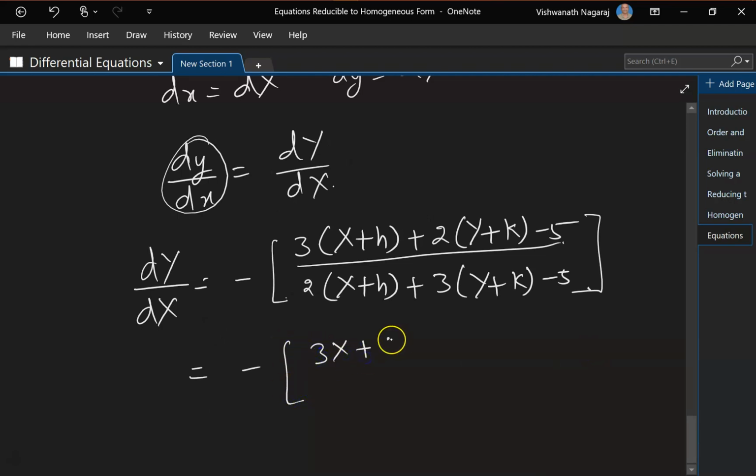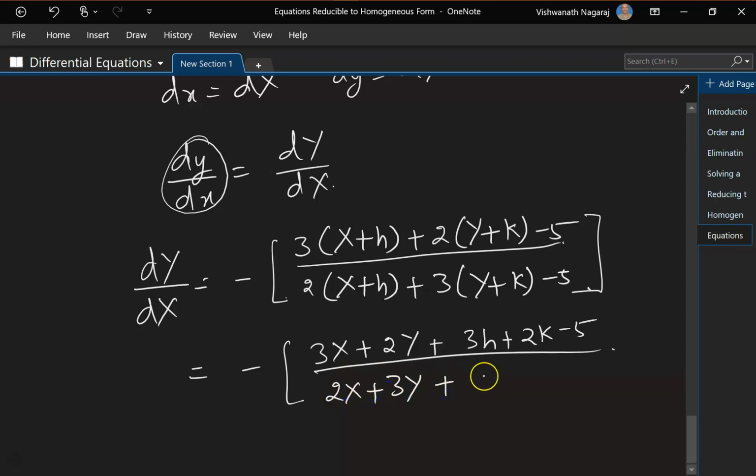3x plus 2y plus 3h plus 2k minus 5 by 2x plus 3y plus 2h plus 3k minus 5. So we group this together and we group this together.